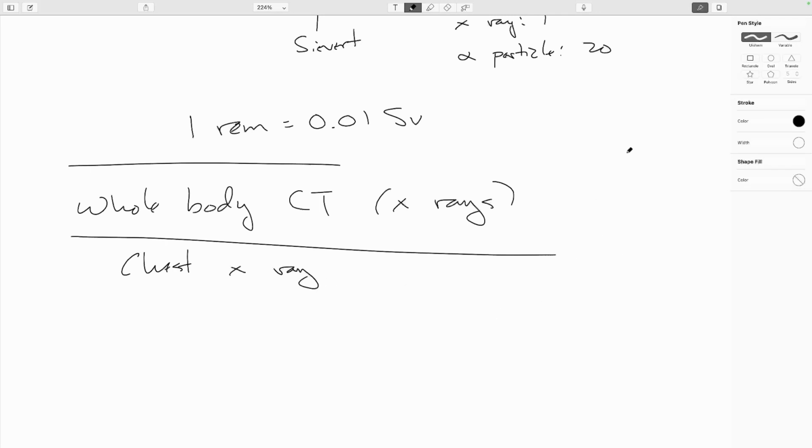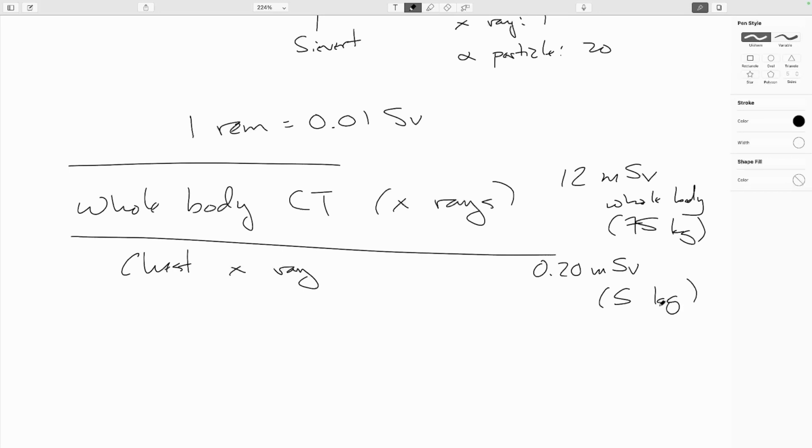A typical value for a whole body CT is something like 12 millisieverts to the whole body. Let's model our person as 75 kilograms. On the other hand, a chest X-ray is something like 0.2 millisieverts, just to the tissues in the chest, about 5 kilograms.